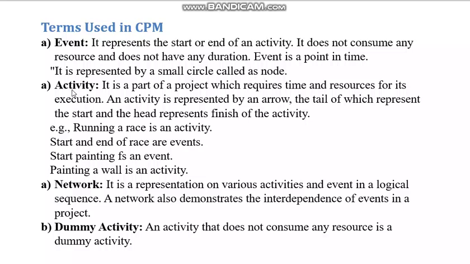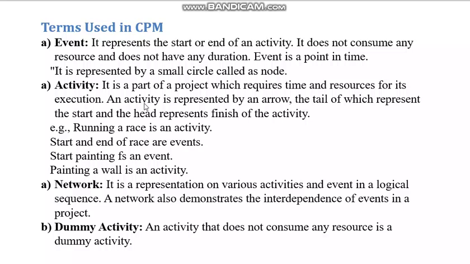Now next is activity. An activity is a part of a project which requires time and resources for its execution, whereas an event is just a point in time. This takes time, that means there is a duration, and it also requires resources for its execution.